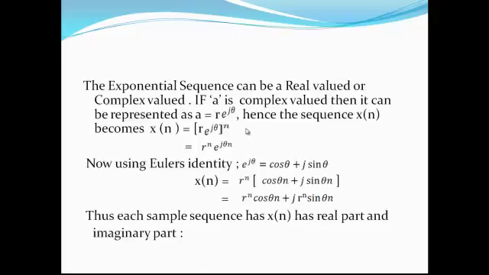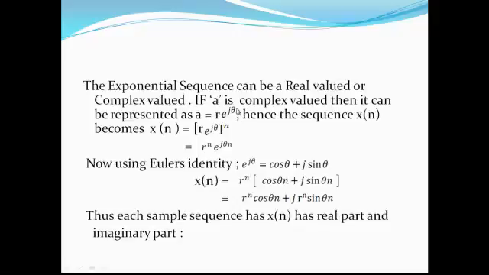Now, if a is complex valued, then you can represent a as r e raised to the power j theta. Now, what is r? r is the magnitude of a, and theta is the angle of a. This you must know from complex numbers.